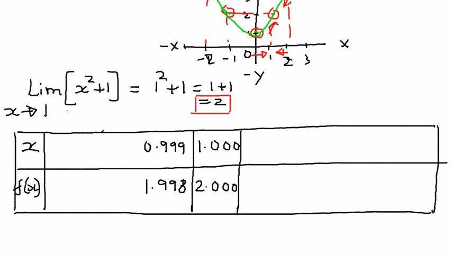And on the right side, if I pick a point a little larger than 1, for example 1.001, the value of the function is going to change to 2.002. See, on the left hand side it is very close to 2, and on the right hand side it is very close to 2.